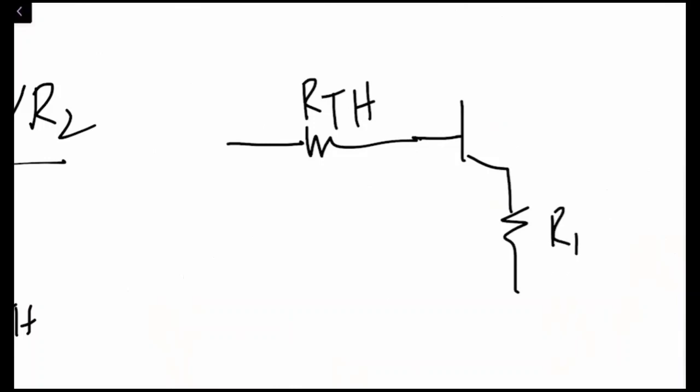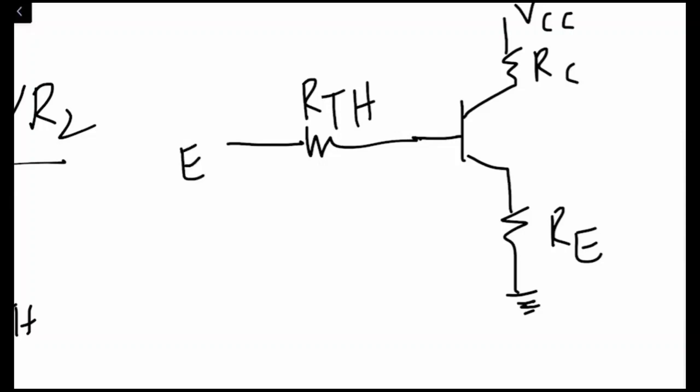Then we have RE, or here we have RC. RC is connected to VCC, and over here we have ETH, which is being connected over here, right? Now the circuit has become very simplified. Are you with me?